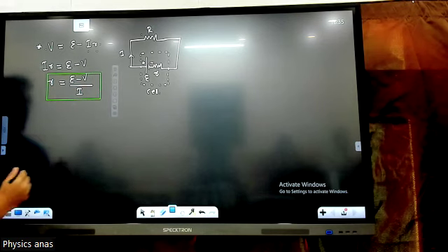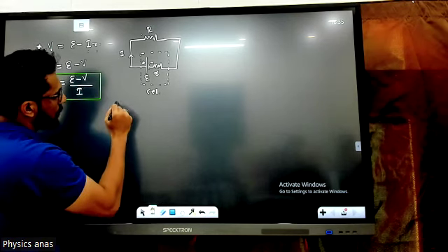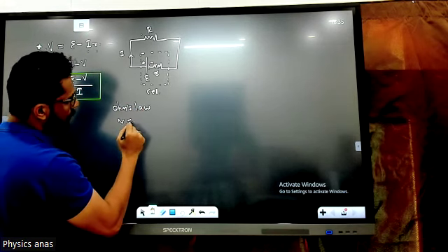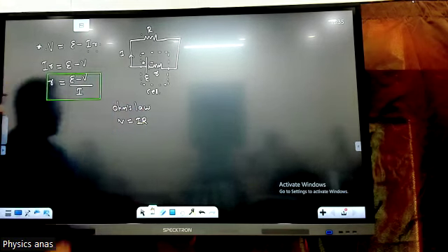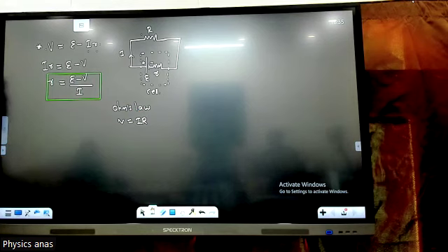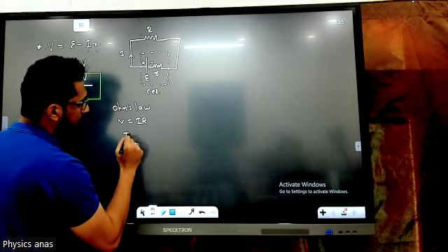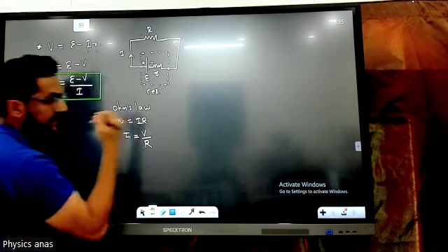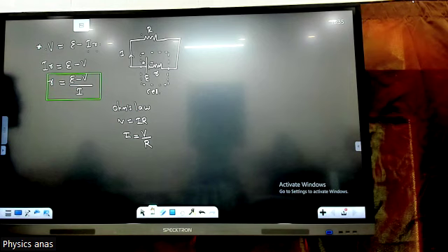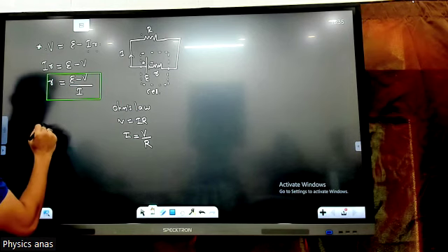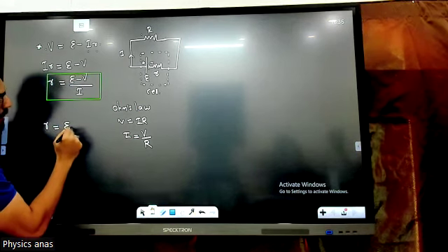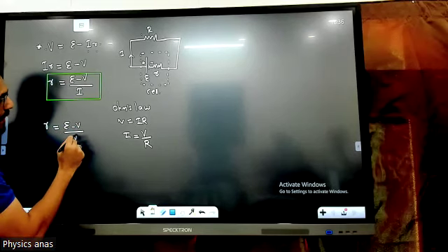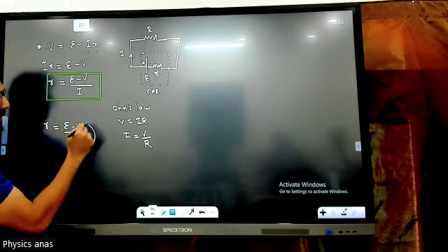And what is Ohm's law? By Ohm's law, we have V is equal to IR. Then what is I? I is V by R. So this equation becomes E minus V by I, where I is V by R. Now this R will come to the top.